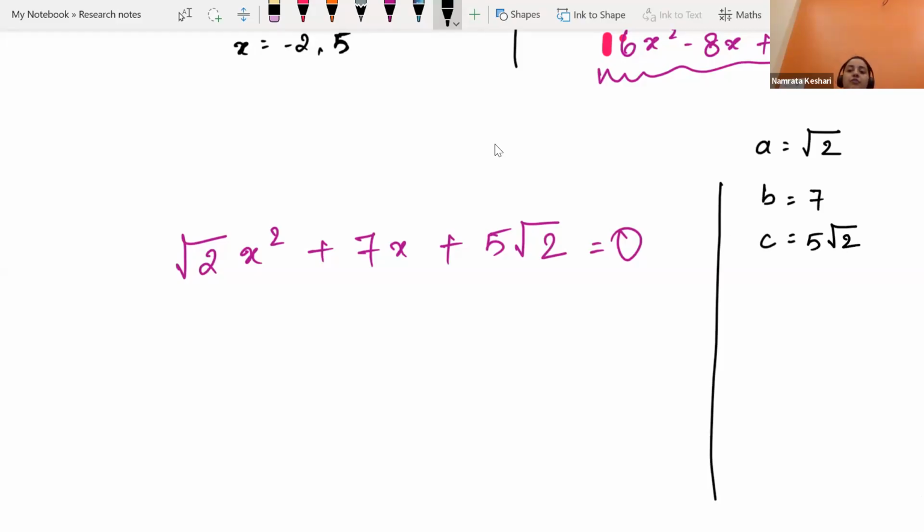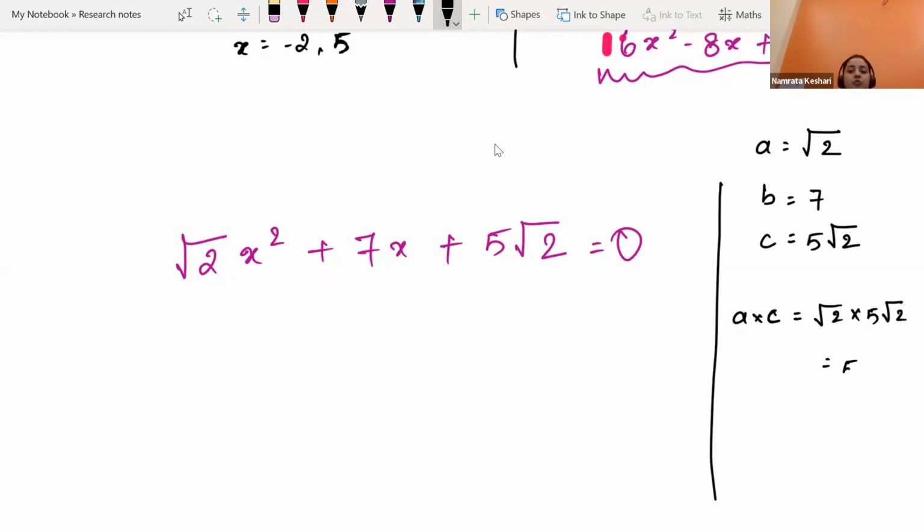Perfect. Now we will do the multiplication of A with C, right? Root 2 multiplied with 5 root 2 will be, is it 5 root 4?